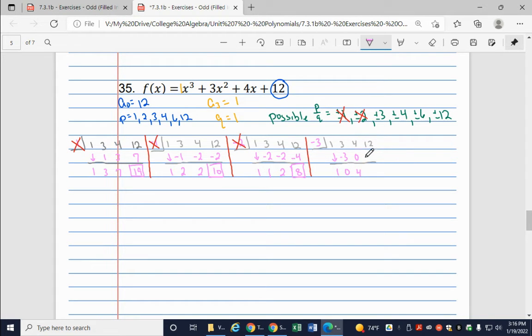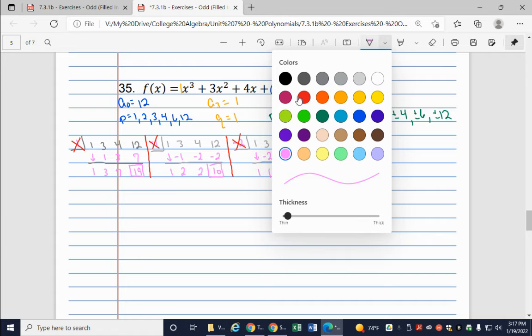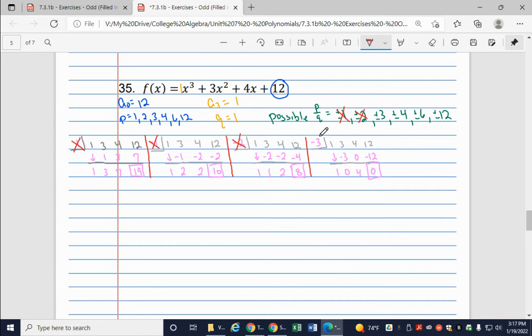And -3 times 4 is -12. It worked. Whew. So now I know that x equals -3 is a solution, which means x plus 3 is a factor.